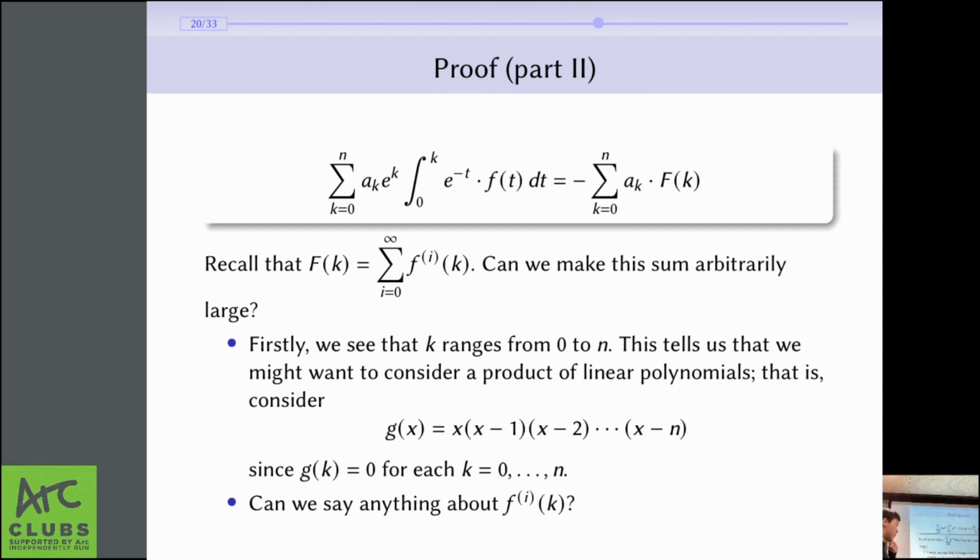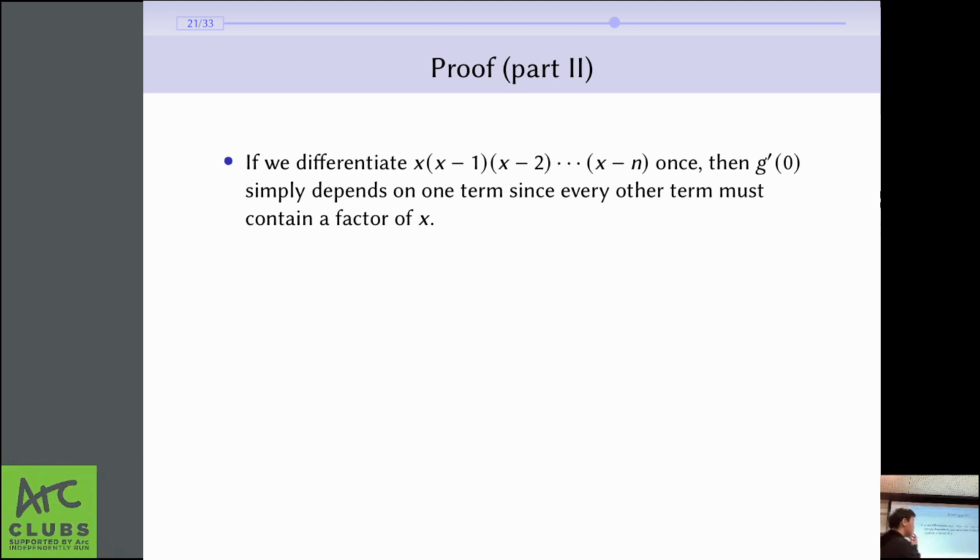So what can I say about f? If I look at the ith derivative of f, evaluated at one of these values k, what can I say about that? Well, if I differentiate x times x minus 1 times x minus 2 up until x minus n once, then g prime of 0 is really just going to depend on one term. Why is that?